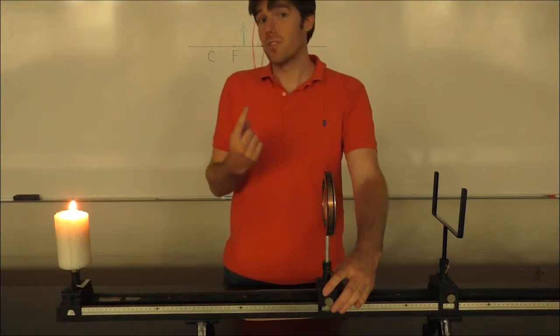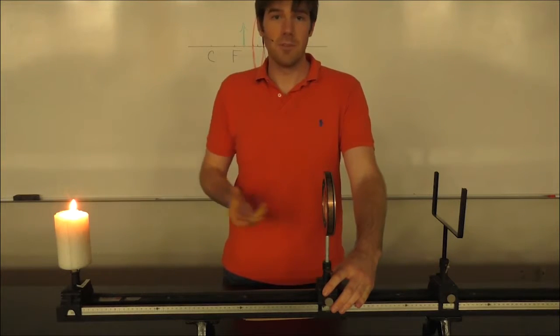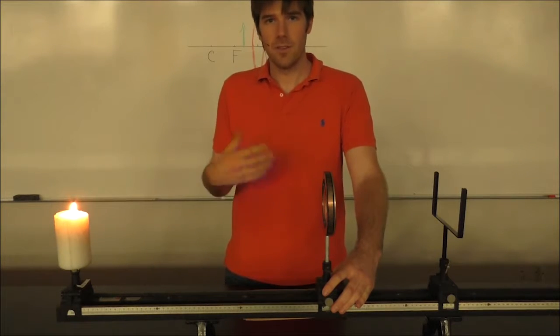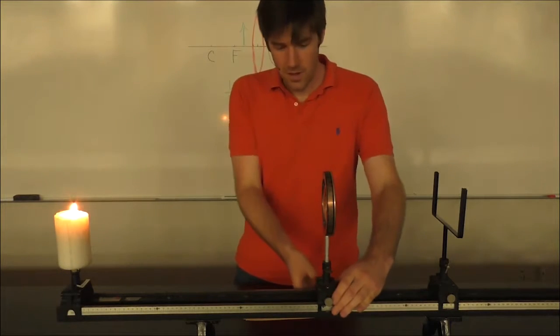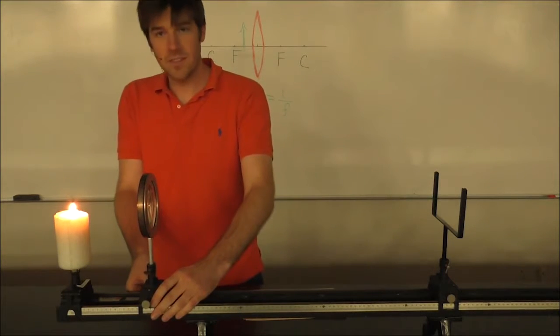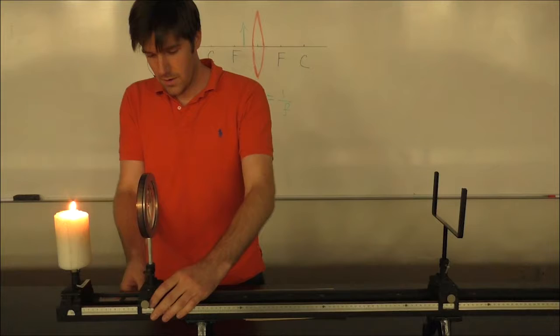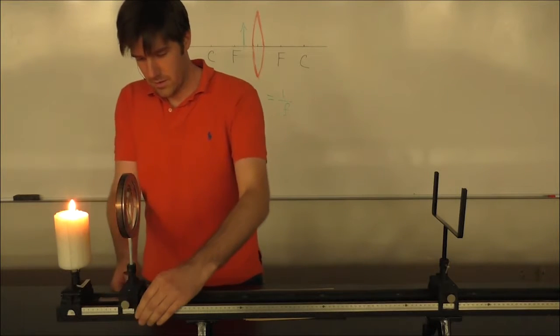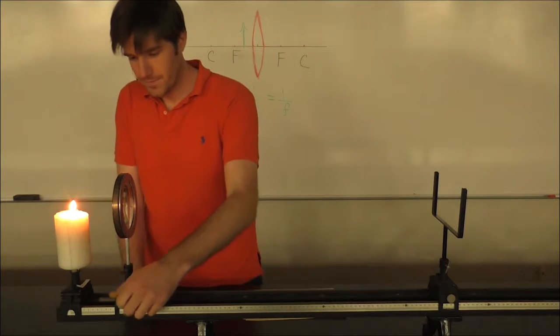And remember, in our first scenario, we're going to determine where the image forms when the object is located within a focal length, so within 17 centimeters. So I'm going to position the lens at this position, 17 centimeters, and I'm going to position the lens right around here.